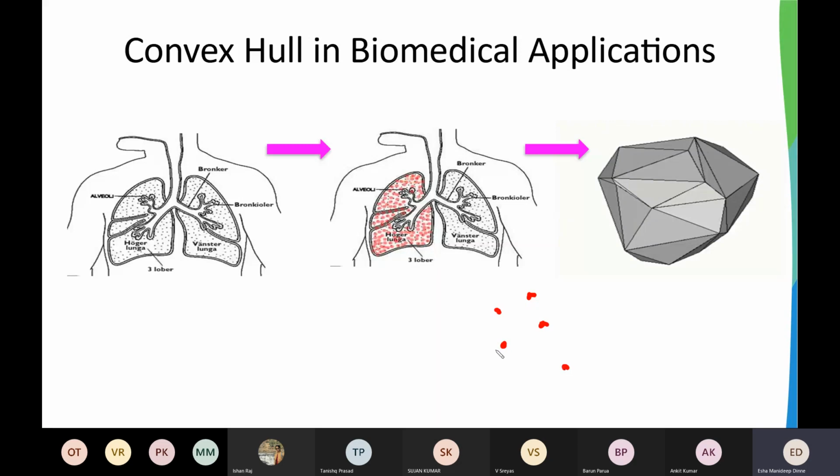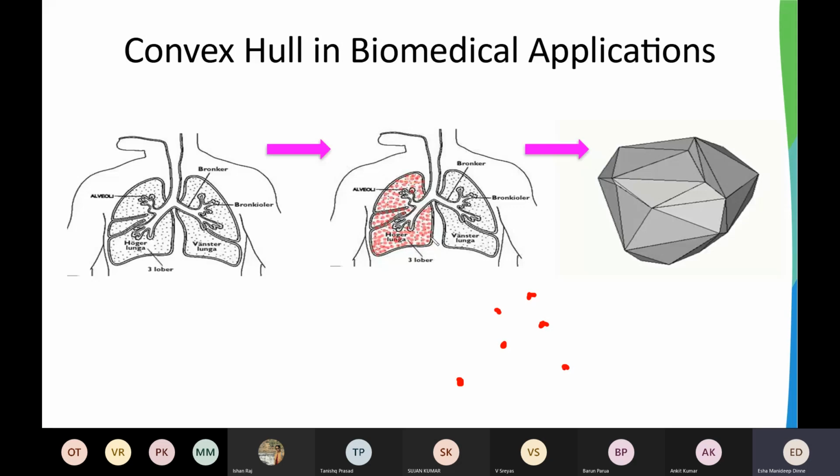Let's say you tell the patient to inhale deeply, so the fluorescent molecules are in every part of the lung, and you'll have radiation emitting from every part of the lung. So you'll have a set of points inside the lung which almost comprise the entire lung.